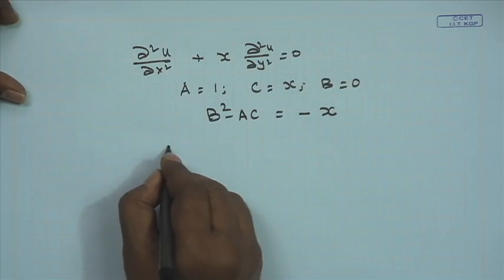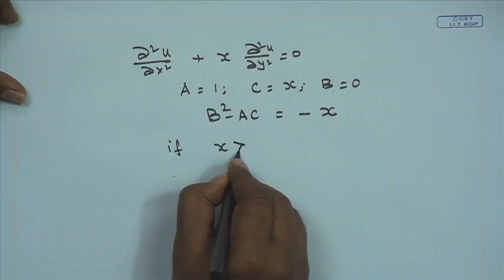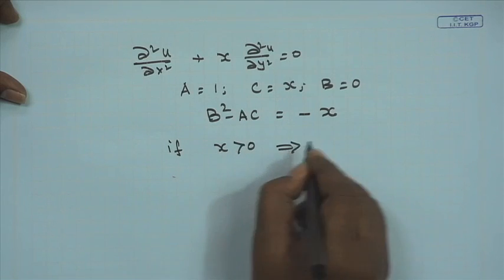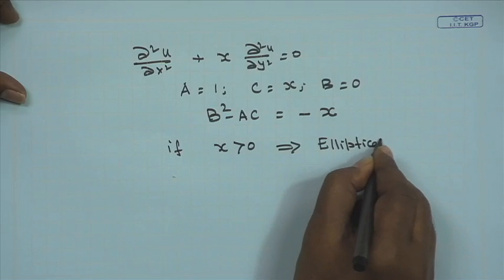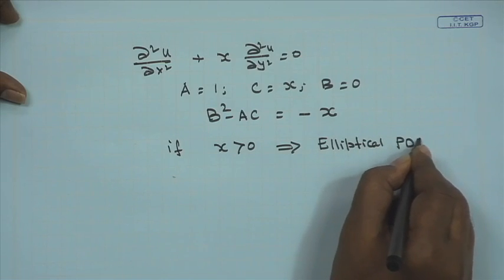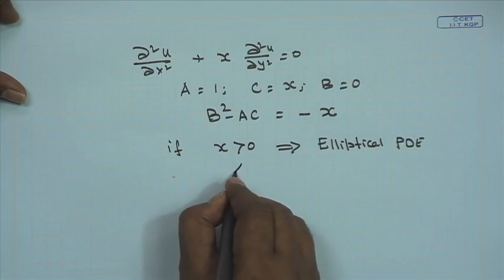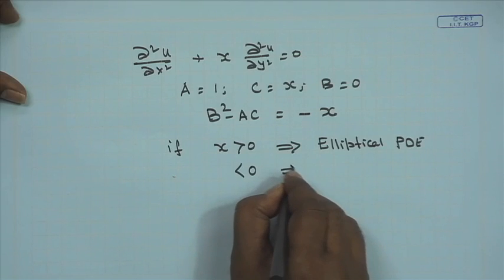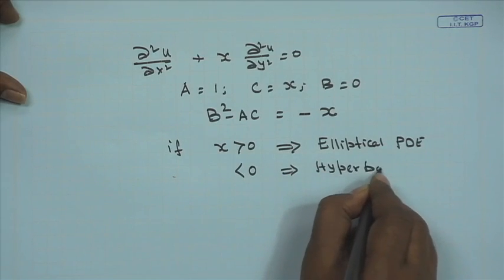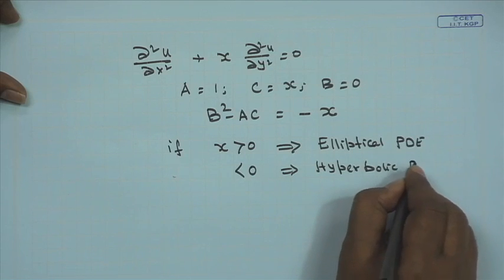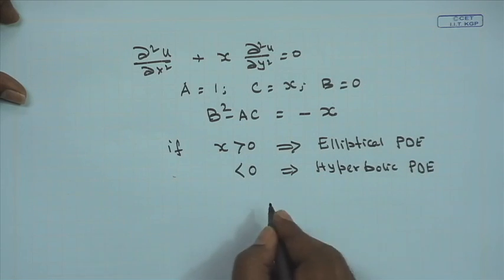So, now if x is positive, then we will get an elliptic partial differential equation, and if x is negative, then we will get a hyperbolic partial differential equation.